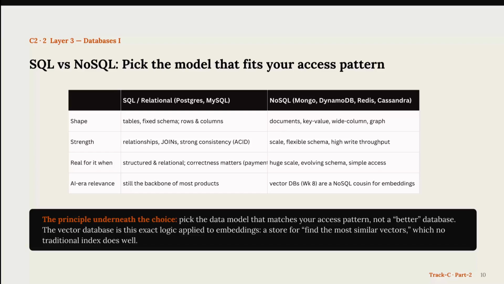The databases have a table structure here. They have a fixed schema, and they are typically in rows and columns because they are structured query databases. Whereas here it's typically document. When I say document, it could be a JSON, it could be an XML, any of that. They are typically also key-value structured databases. Redis is a good example.